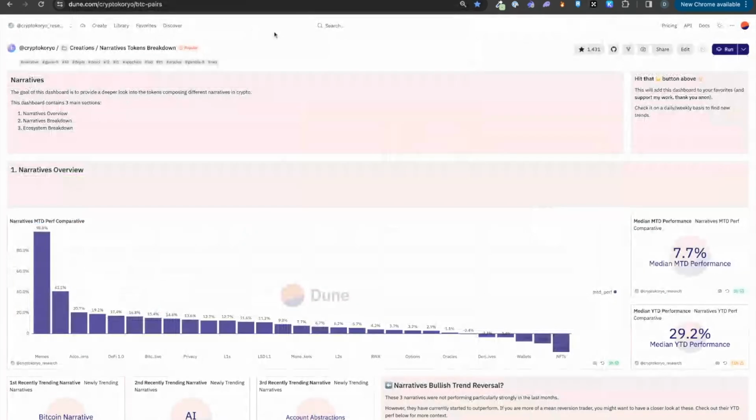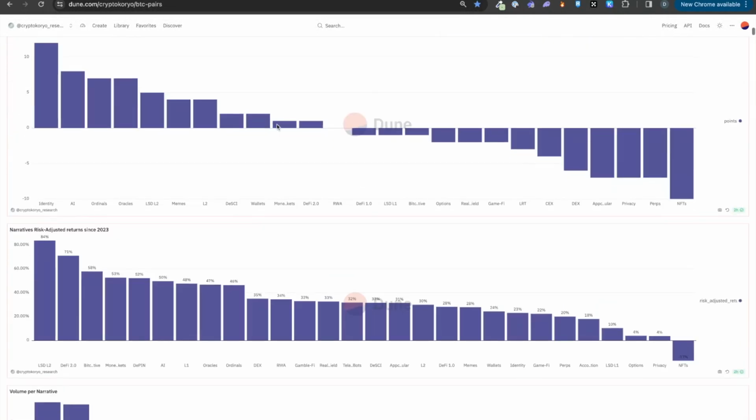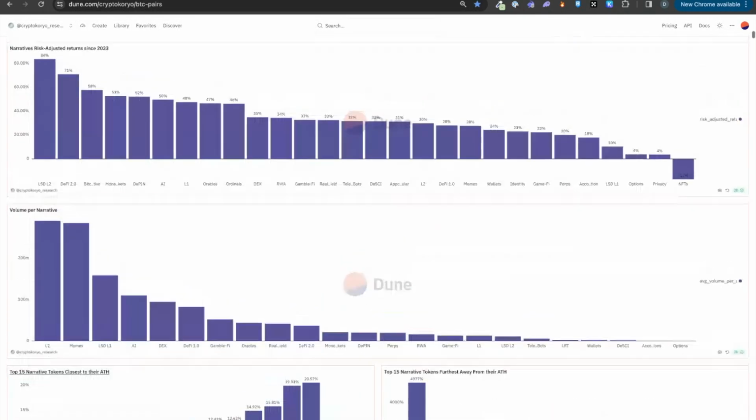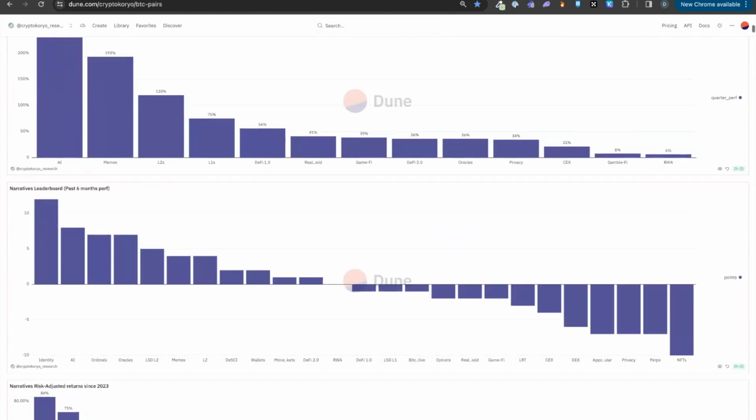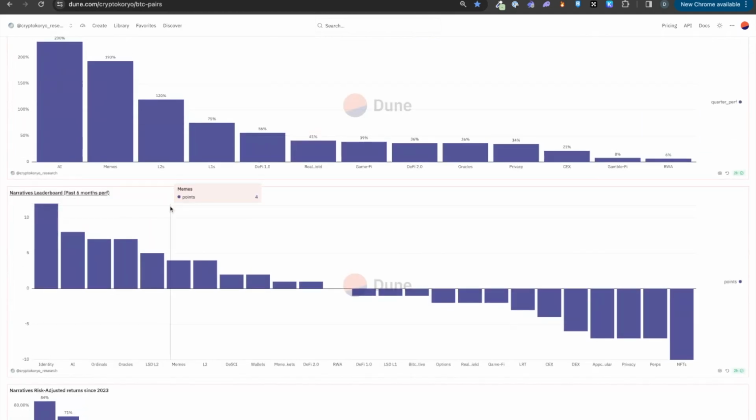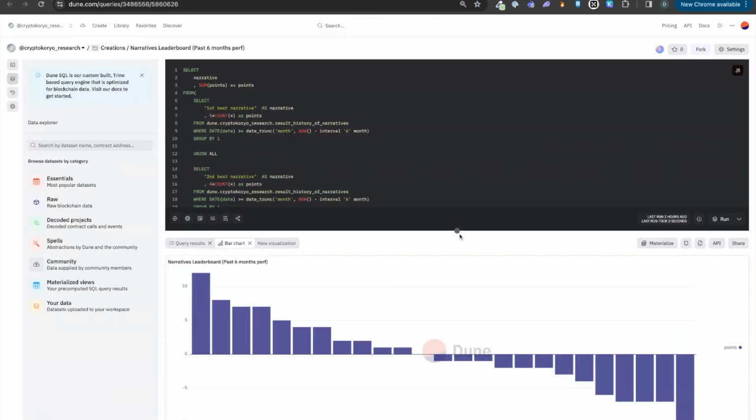I recently added a new chart on this narrative dashboard, which is this narrative leaderboard. So let's go into the query so I can show you in more detail what this contains. Here we are showing the performance of the narratives over the last 6 months.